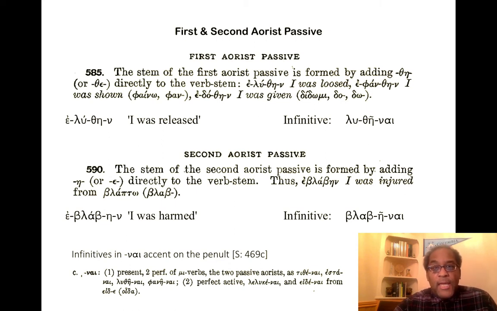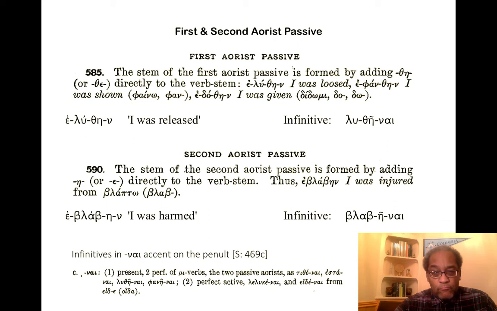lutenai. And then the second aorist passive, the stem of the second aorist passive is formed by adding eta or epsilon directly to the verb stem. So we have blabein, I was injured, from blopto. And so blabein, I was harmed or injured. In the infinitive, blabenai.